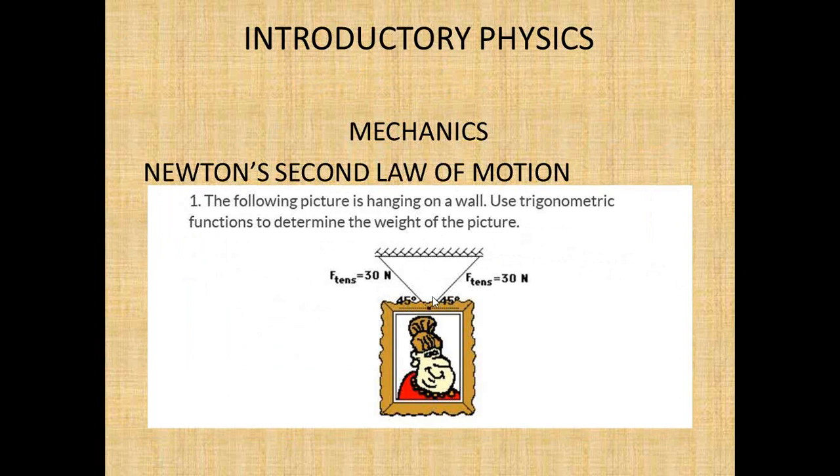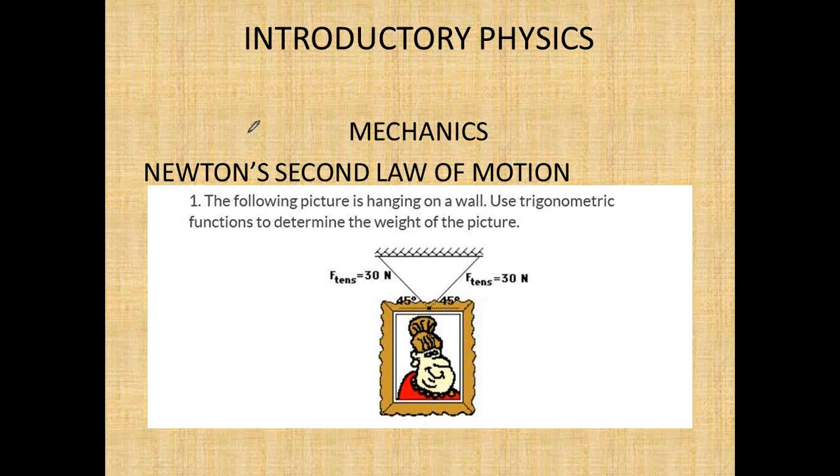So this is the tension there. You can find the vertical component. Remember, it's the vertical components that are going to lift this frame. So just use one side. Let's use this side. So let's draw it.